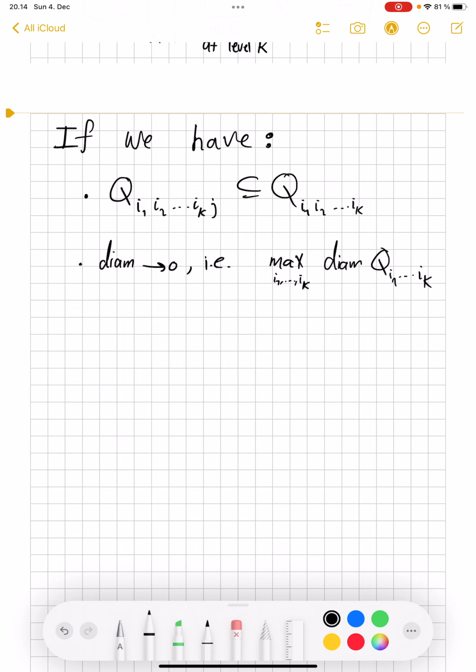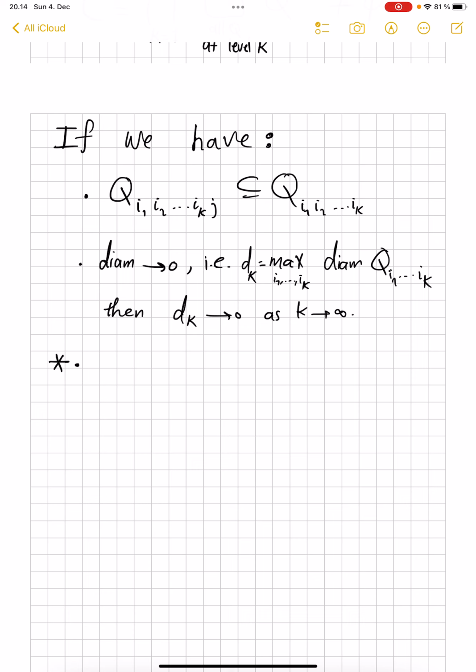And these are finite collections, so there's a maximum. Give this the name d_k, the worst diameter at level k. Then we require that this goes to 0 as k goes to infinity. So this forces a very refined construction, where diameters will die down.